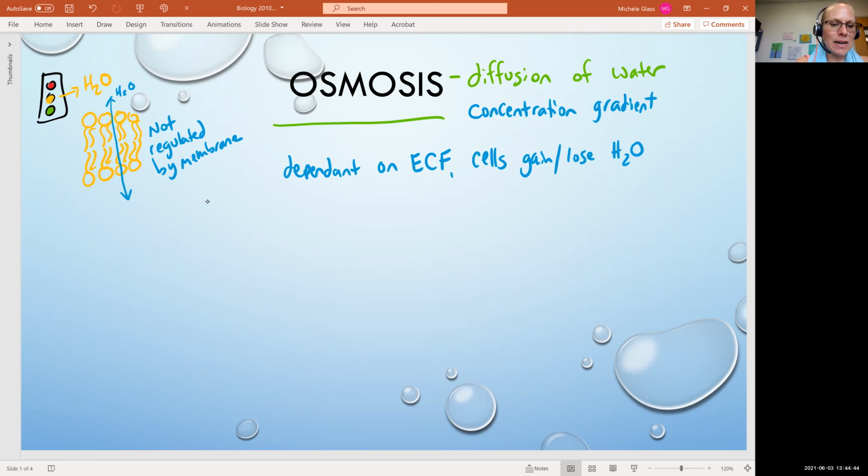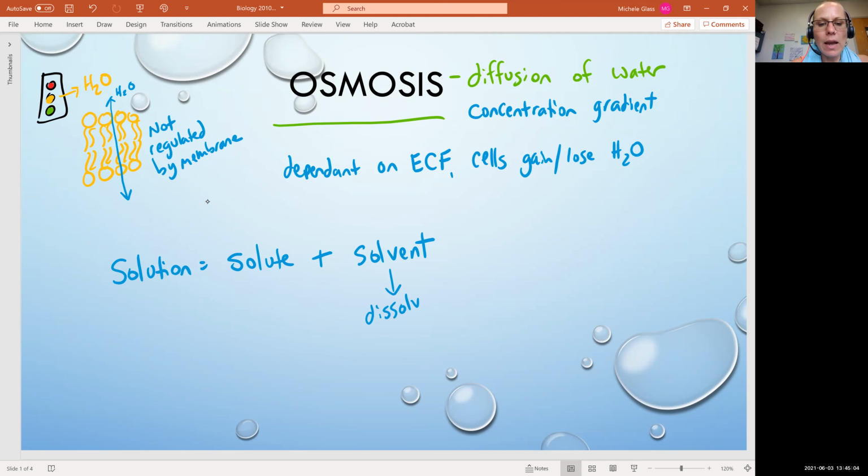Okay, just a few reminders. When we talk about a solution, we're talking about a solute plus a solvent, right? And the solvent is the dissolver. And the solute is what I like to call stuff, right? Because it could be electrolytes, it could be nutrients, it could be hormones, it probably could be gases, right?